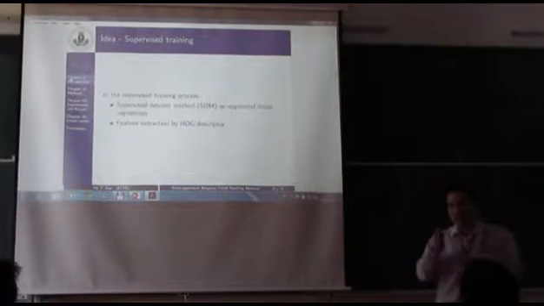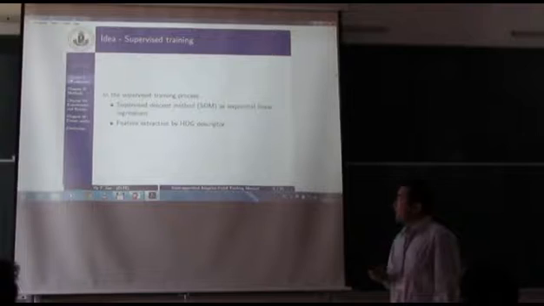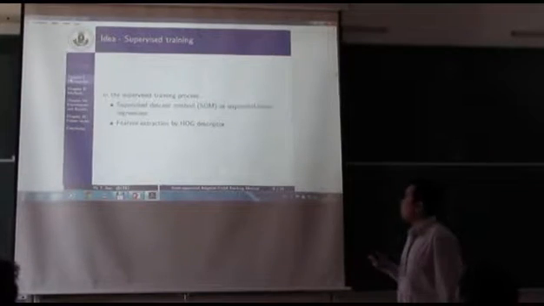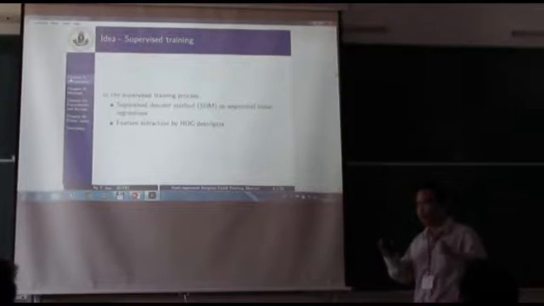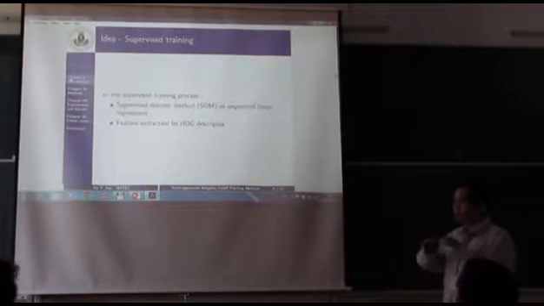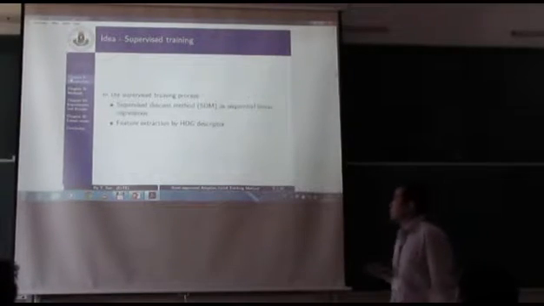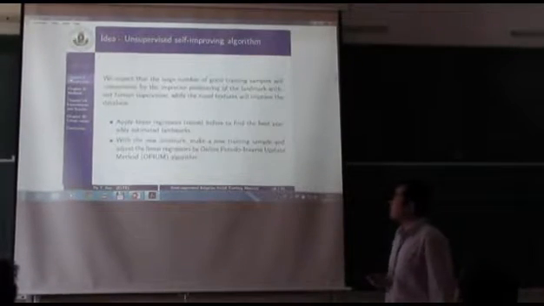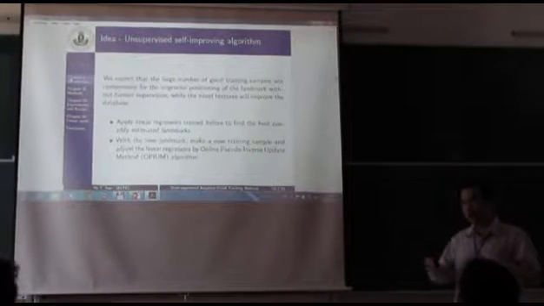Our idea will be separated into 2 parts. The first is supervised training. In the supervised training, we use supervised descent method and sequential linear regressions to find the best possible estimated landmark by HOG descriptor. And the second part is an unsupervised self-improving algorithm.